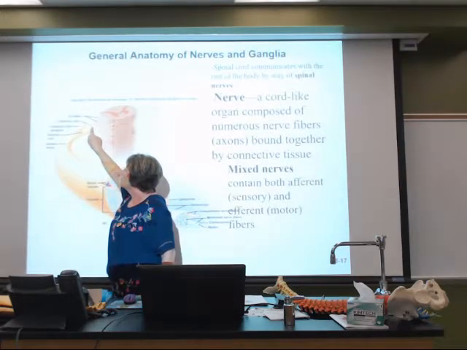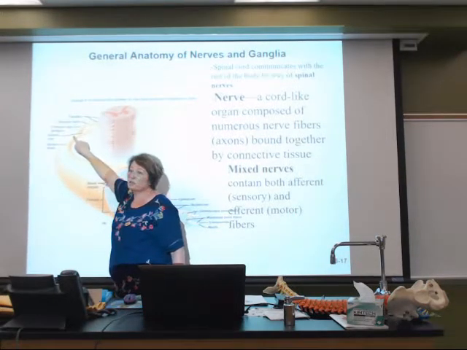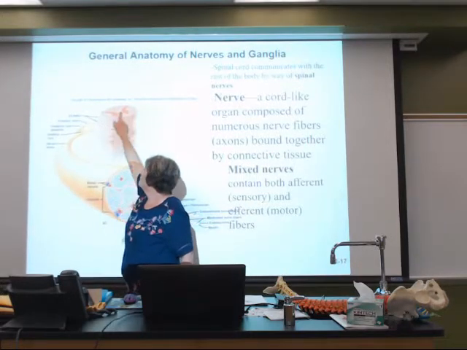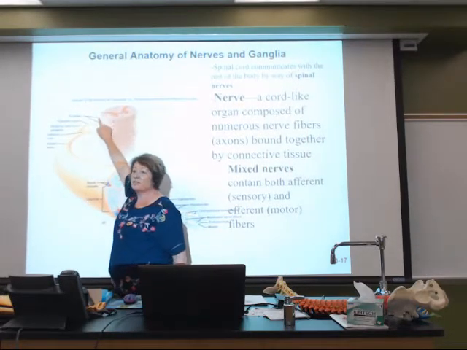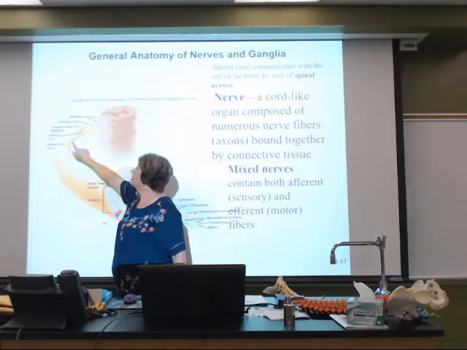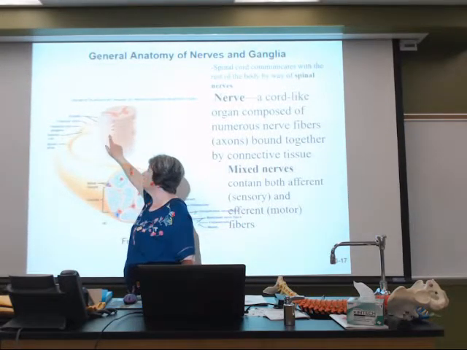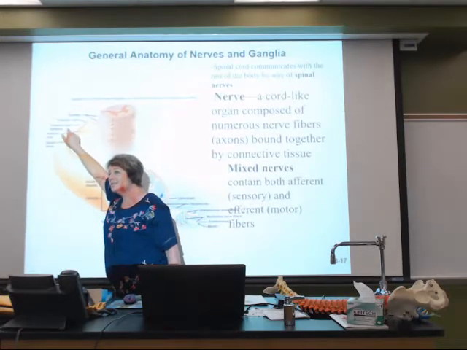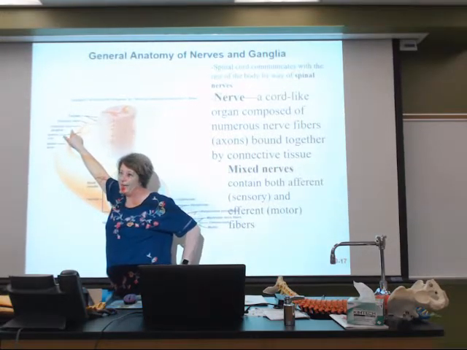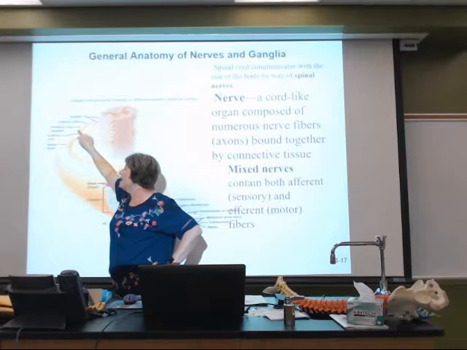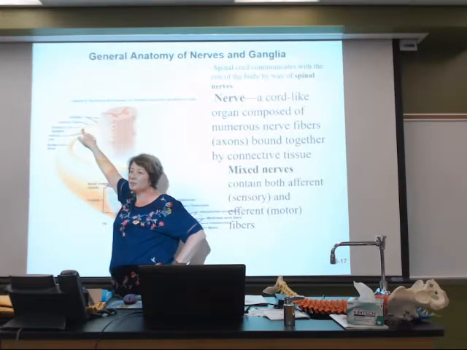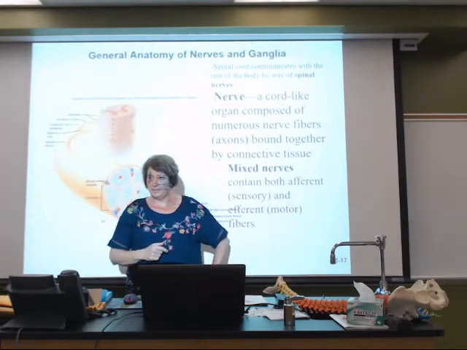We have our posterior root feeding to the posterior side of the spinal cord. We've got anterior feeding into the anterior side. On the posterior side is where you find the posterior root ganglion.